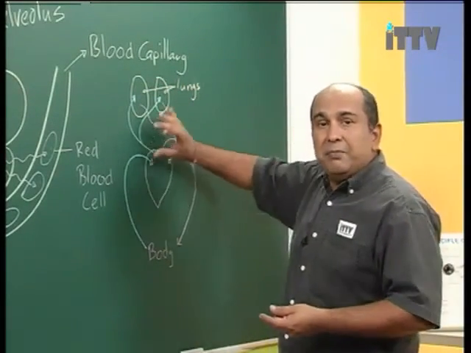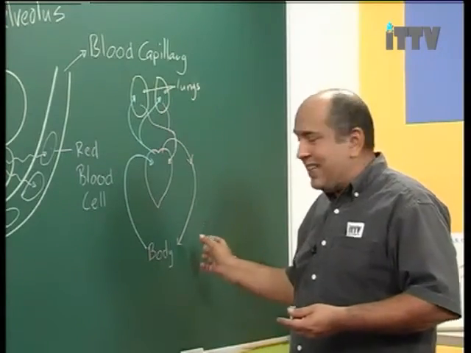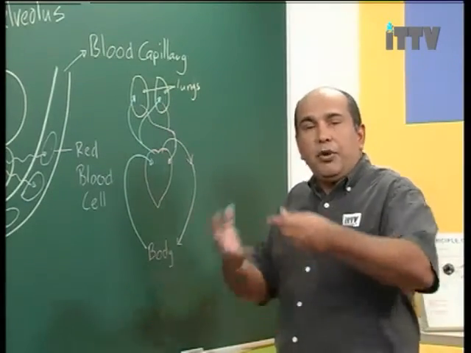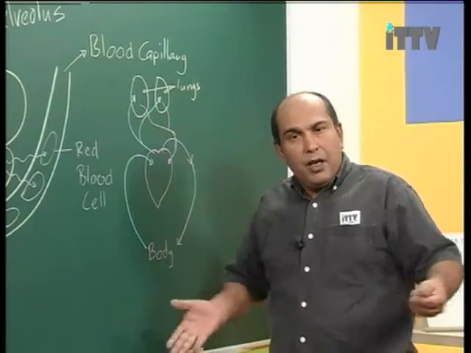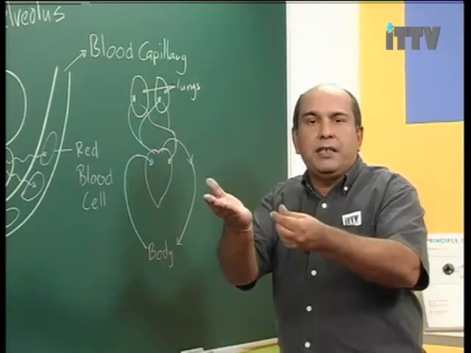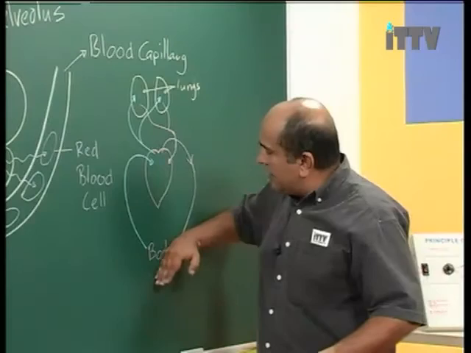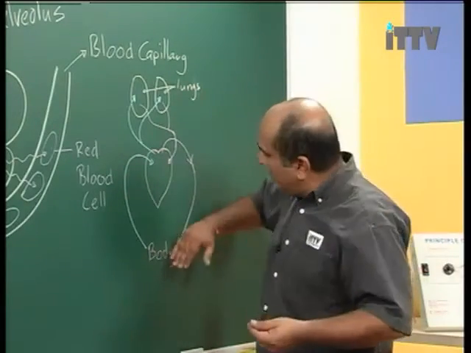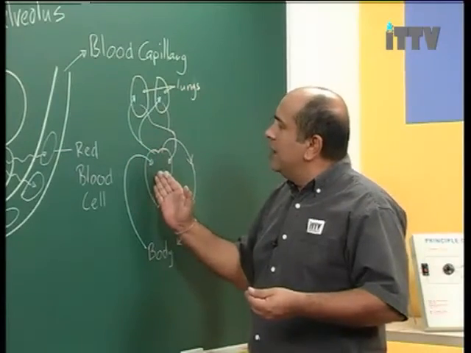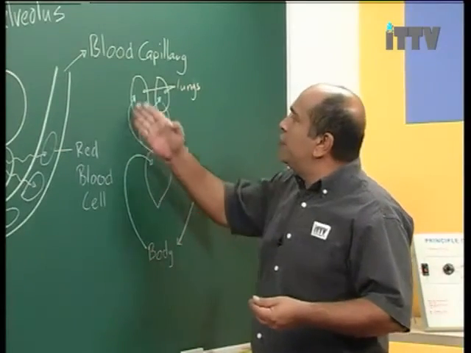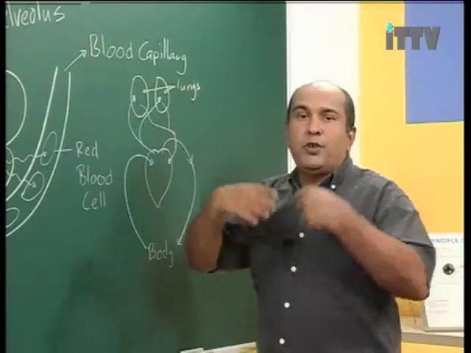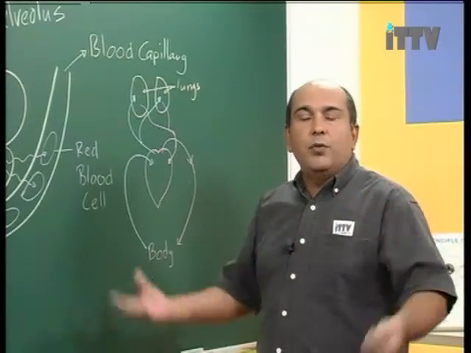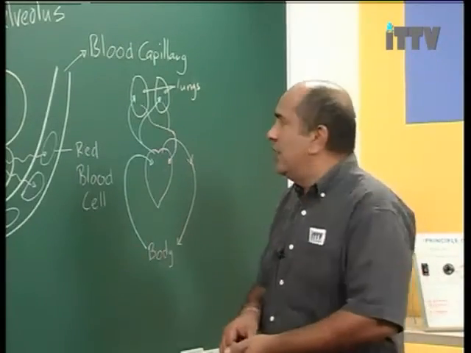The heart pumps the oxygenated blood to the body. The body takes the oxygen, puts carbon dioxide back in the blood. The blood that has carbon dioxide, which we call deoxygenated blood, flows back to the heart. From the heart, it is pumped to the lungs, and the whole process is repeated, and we get gas exchange occurring.